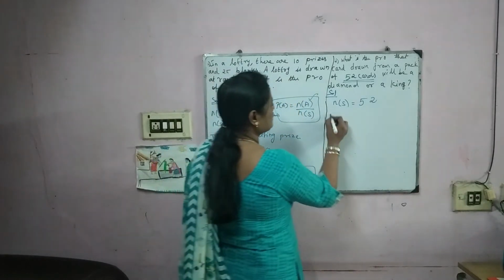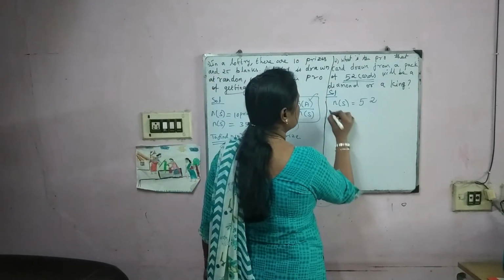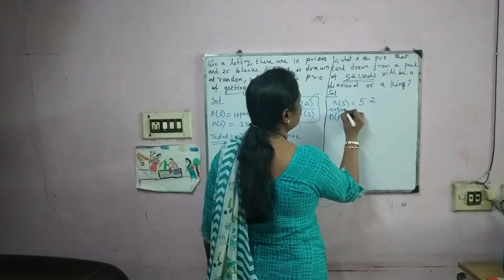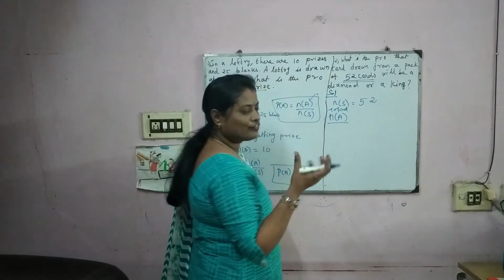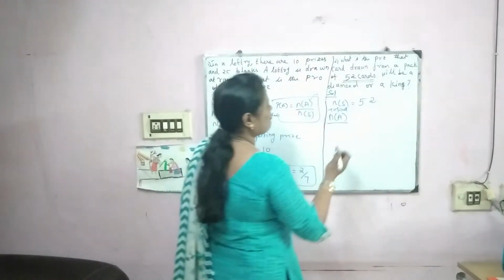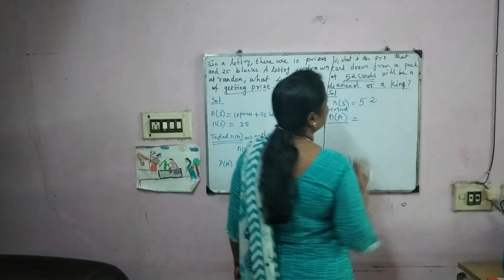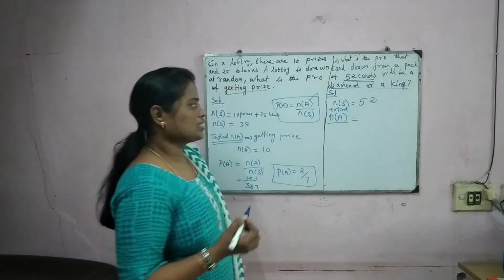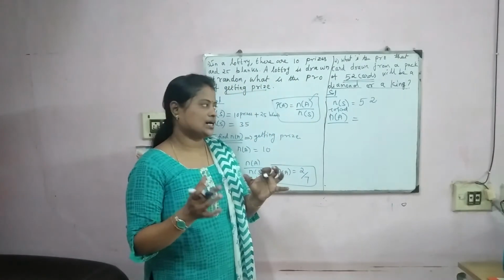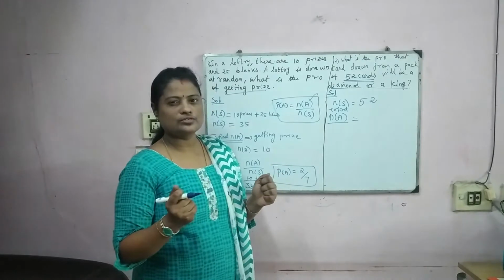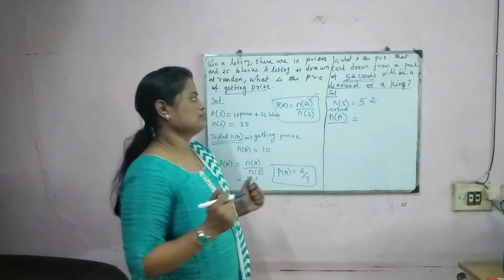To find N of A, which is nothing but the favorable number of outcomes: the favorable outcome is a diamond or a king. In a pack of 52 cards, how many diamond cards are available? We know 13 diamond cards.